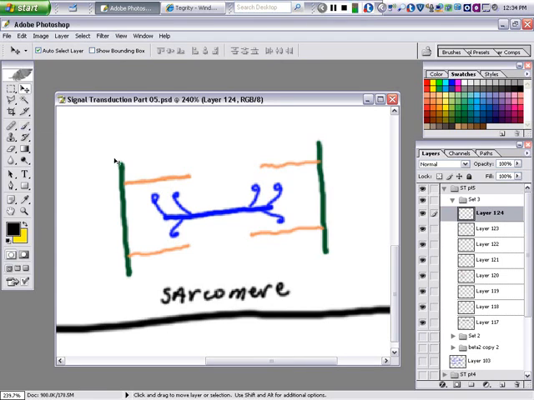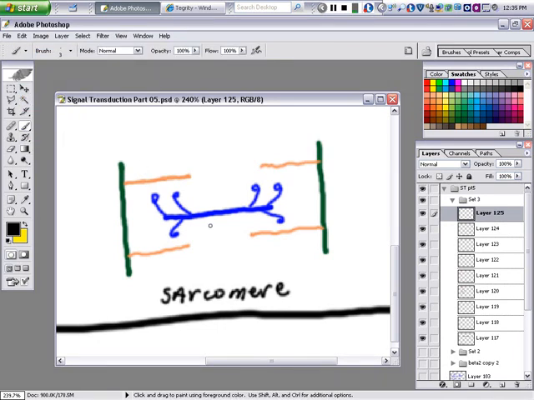Now, before we continue, let's just label a few things. I'm going to put my label on another layer. This thick filament is what protein? Myosin. So this is myosin. This thin filament is which protein?